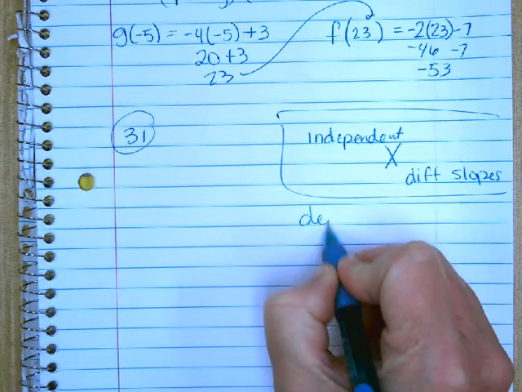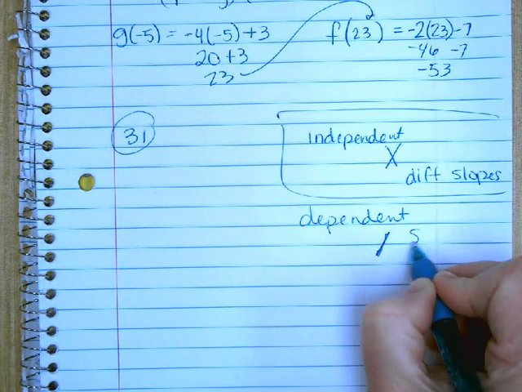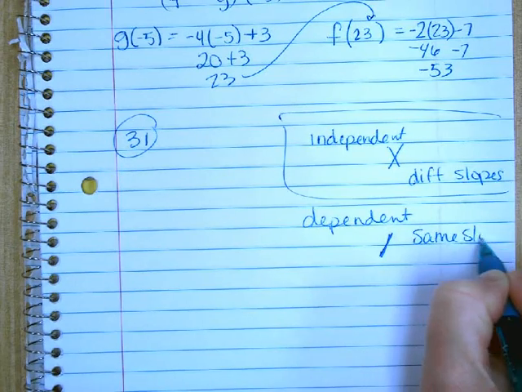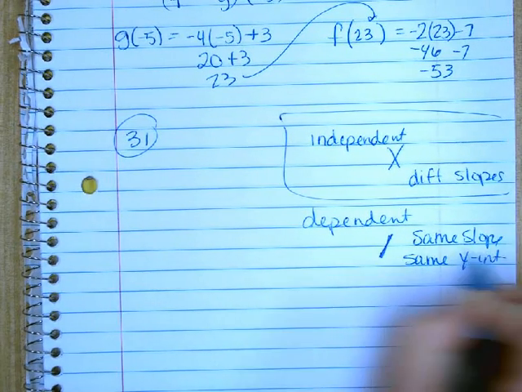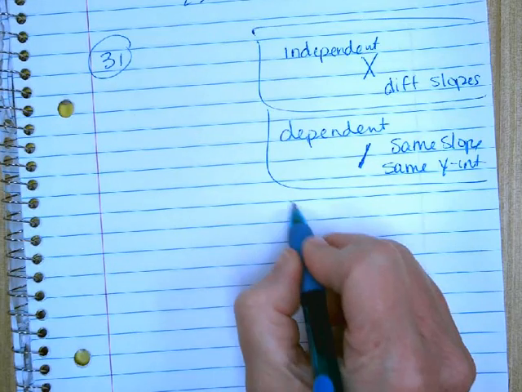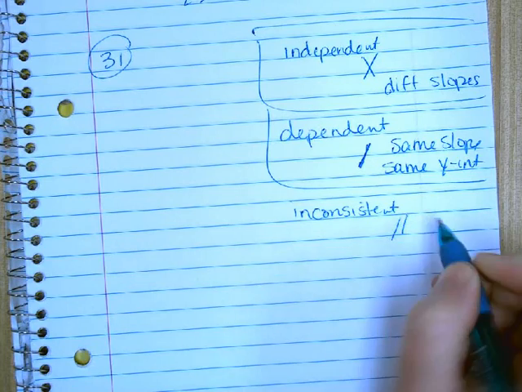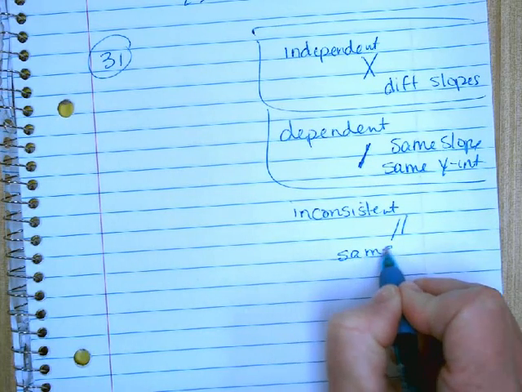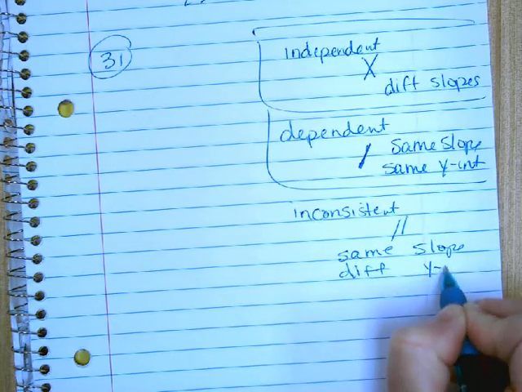Dependent means that they are the same line, they have the same slope, and the same y-intercept. Inconsistent means that they are parallel, same slope, different y-intercept.